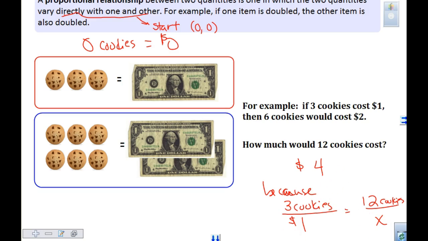But I do know that 3 times 4 gives us 12. So if I take $1 times 4, my answer here is $4. So that's what we mean when we're talking about a proportional relationship. It starts at 0, 0, and then they give us a ratio that we are going to be looking at.